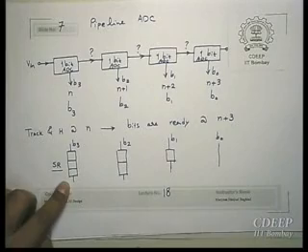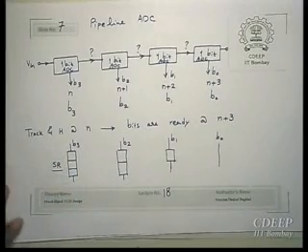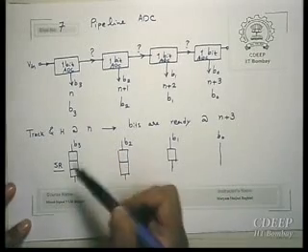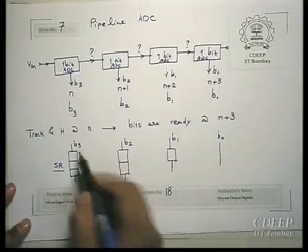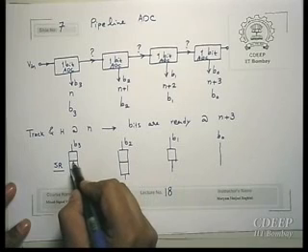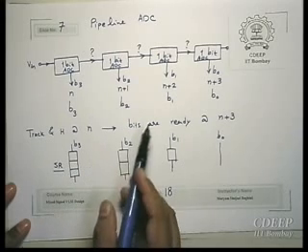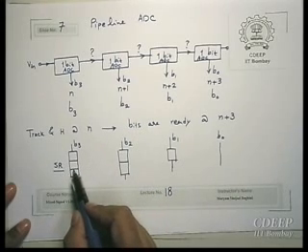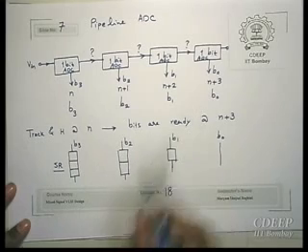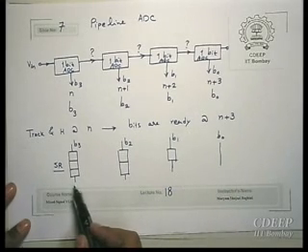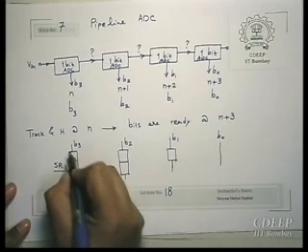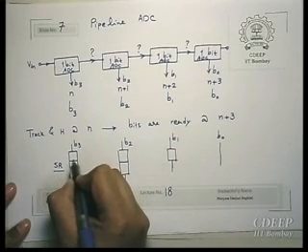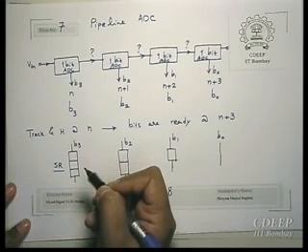These are 3 cells, which means that in cycle n, B3 is here, in n plus 1, B3 will shift to the second one, in n plus 2, it will shift to the third one, and in n plus 3, it will be at the output of the third one.